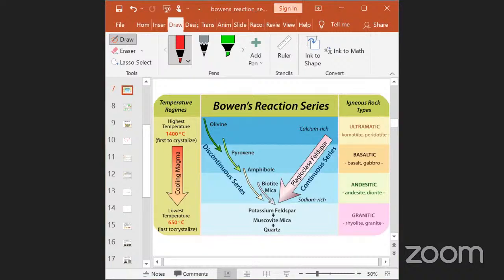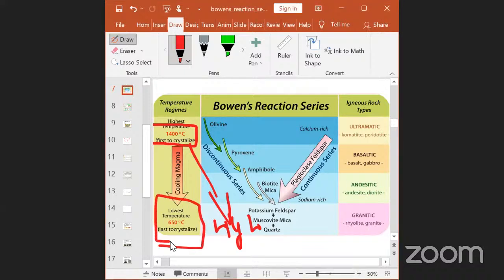As I told you, olivine and pyroxene form at high temperature, you remember, 1400 degrees Celsius here. Likewise, some plagioclase minerals, which are calcium-rich, form at high temperature. So what happens with decreasing temperature? You see the lowest temperature here.